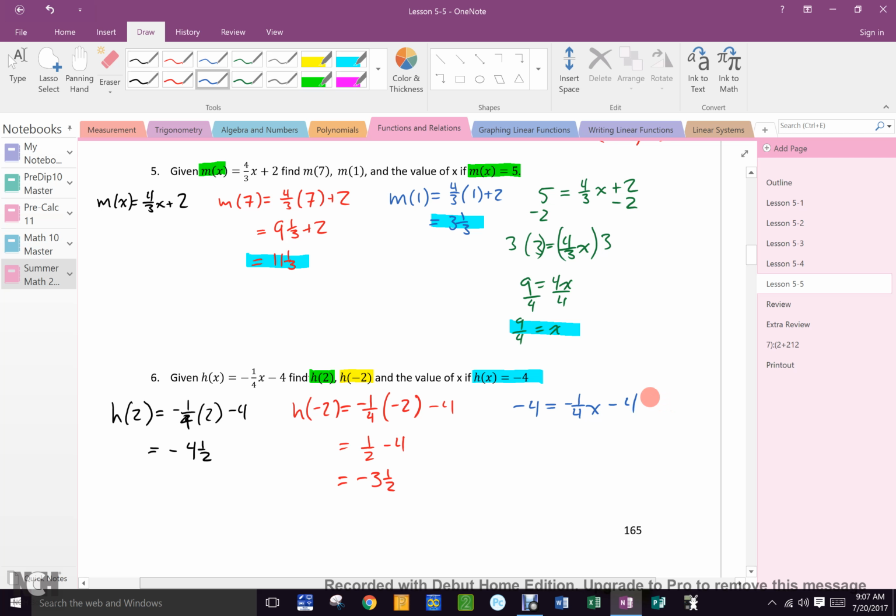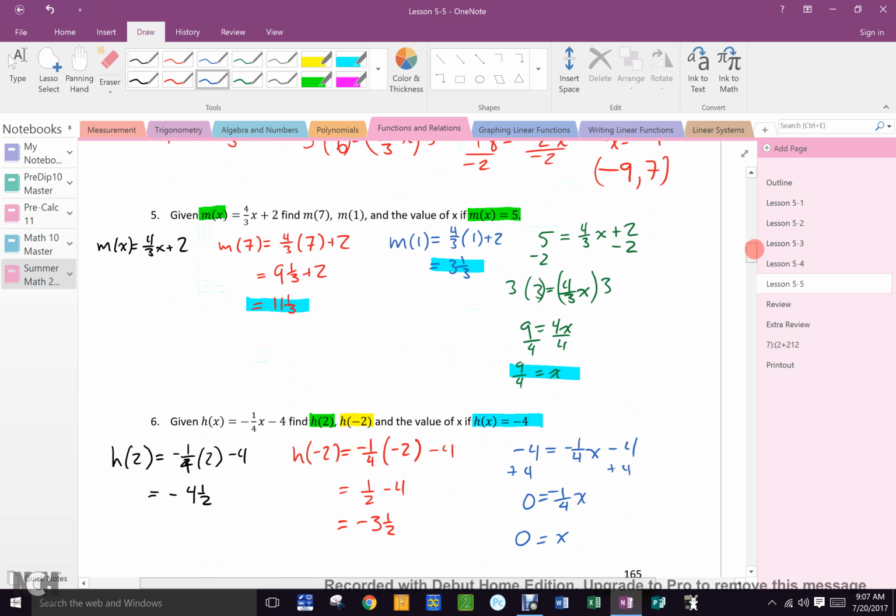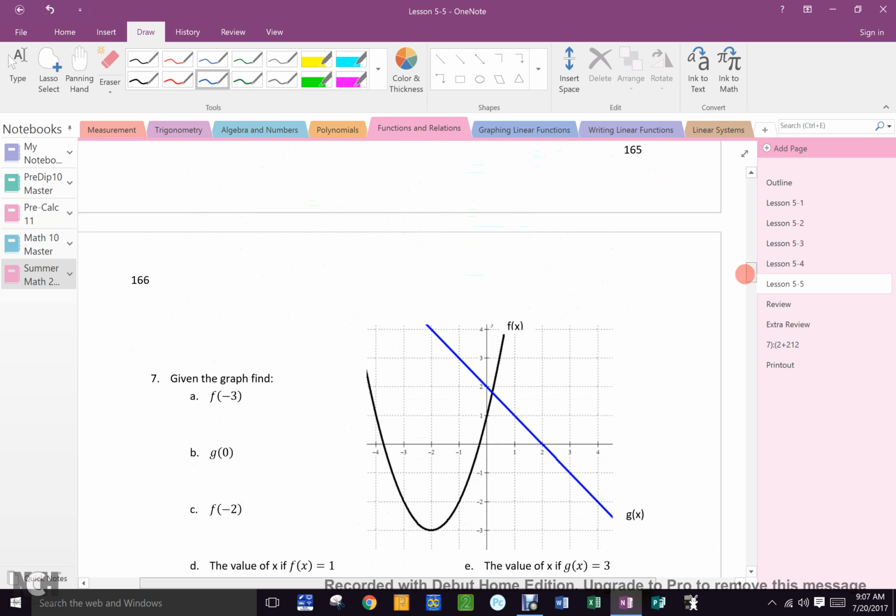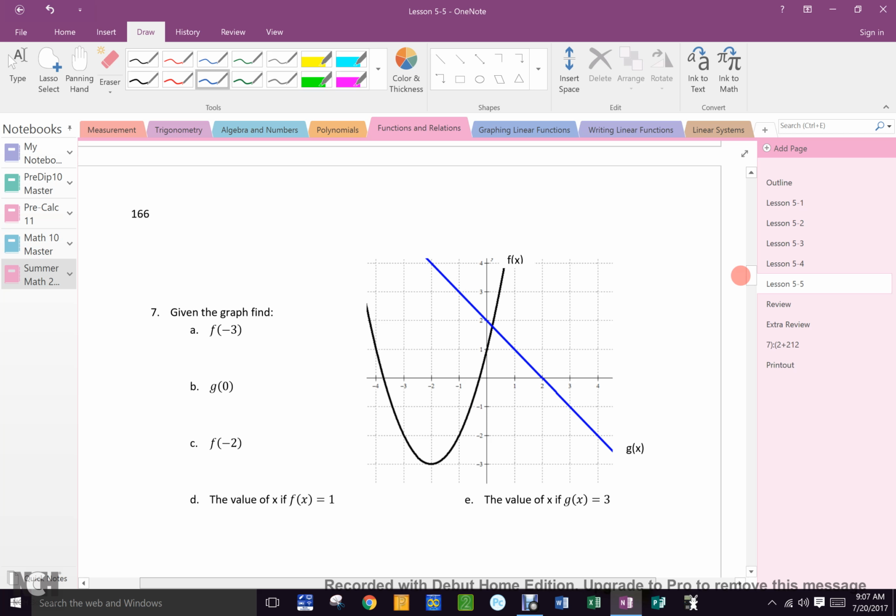How do I deal with that? Add 4 to both sides. 0 equals negative 1/4 x. What does x have to be? 0. Right, x equals 0. Is everybody good? Okay, now, if you're good, you should be able to do this with a line.